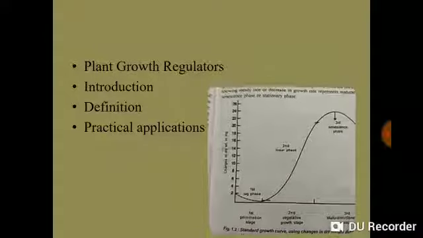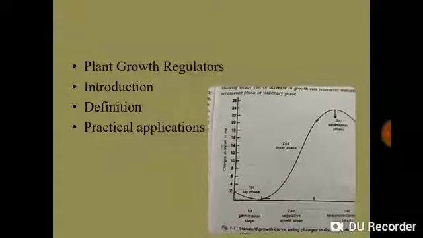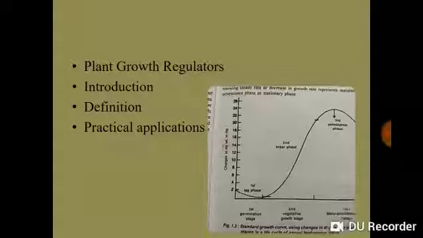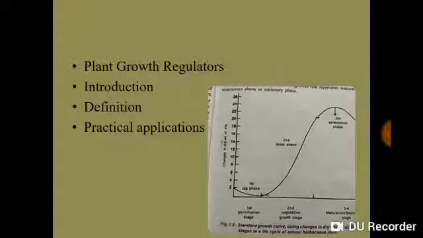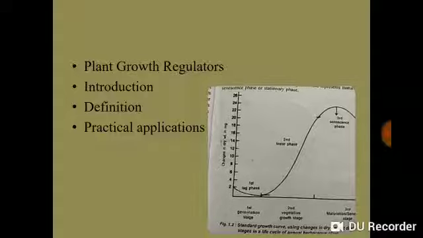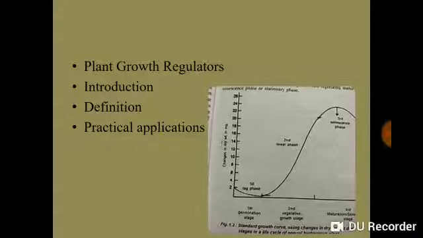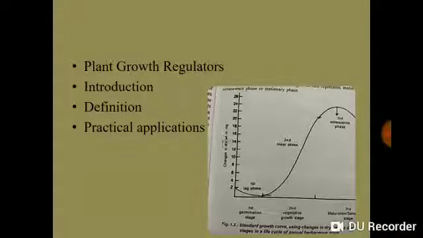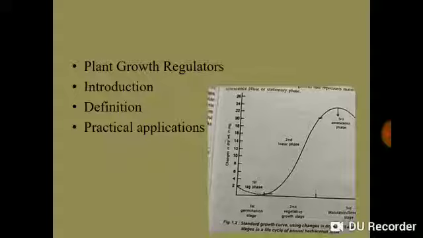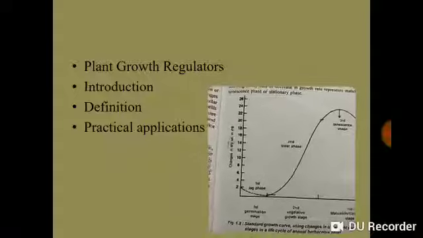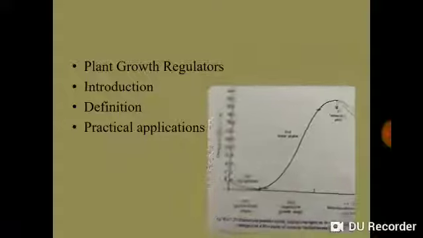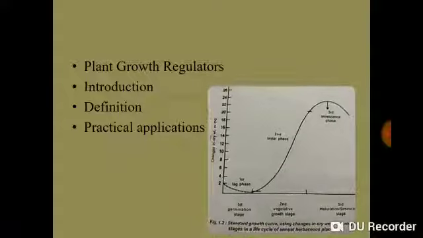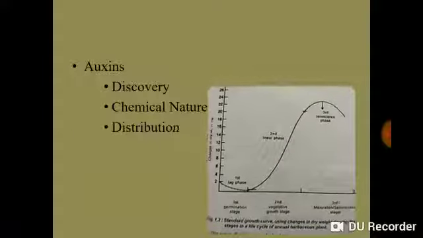The second region showing very rapid growth represents the exponential or log or linear phase, while the third region of the curve shows steady or slightly decreasing growth due to the maturation or senescent phase or steady phase.